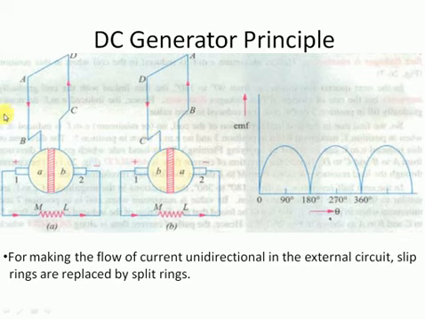In these two diagrams, you will be able to see very clearly that the nature of EMF induced in the coil side AB after 180 degrees of rotation has been reversed.